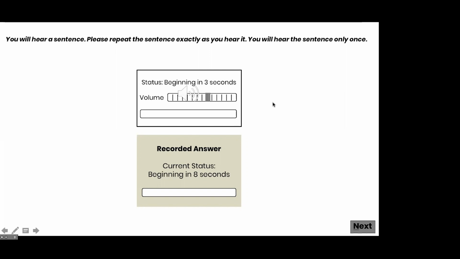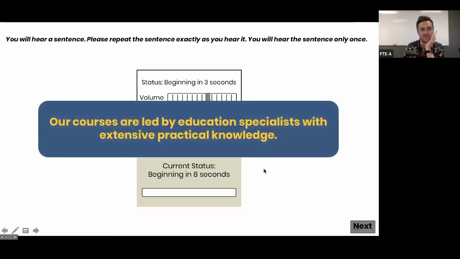That one is particularly hard. I think it's the s sounds. Education specialists with extensive. Whoa, that one was tough. First one was pretty straightforward.